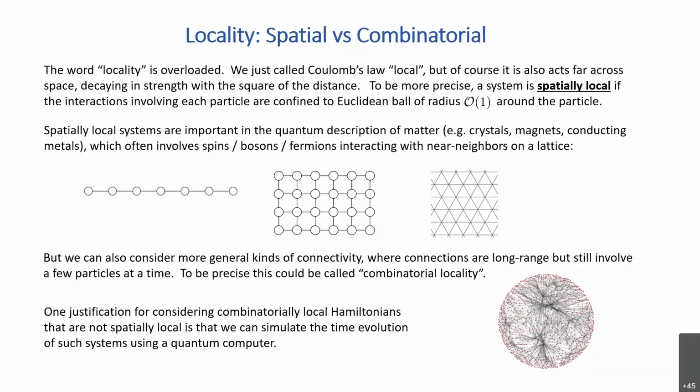And one justification for these combinatorial Hamiltonians, local Hamiltonians that are not spatially local, is that we can simulate their time evolution using a quantum computer. So in other words, this system represented by this graph may not actually be some lattice in space that represents a real material, but it is a quantum system whose properties we can investigate with a quantum computer.